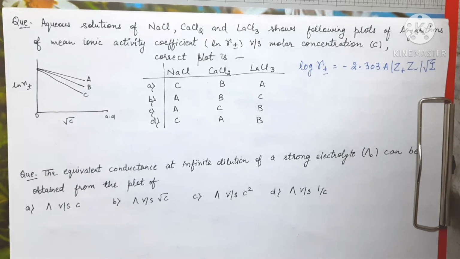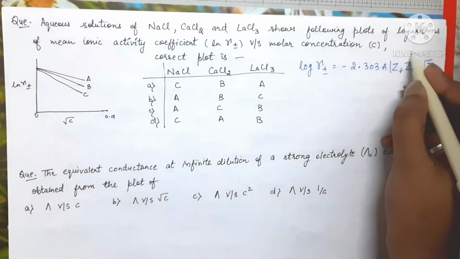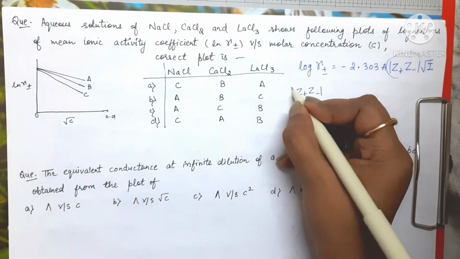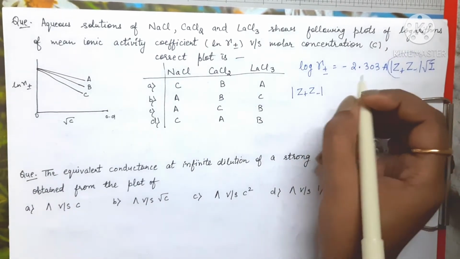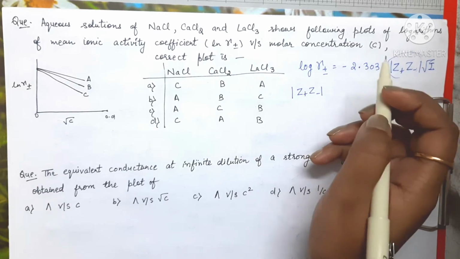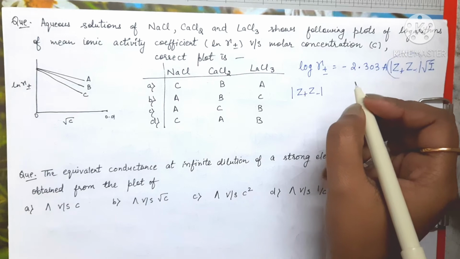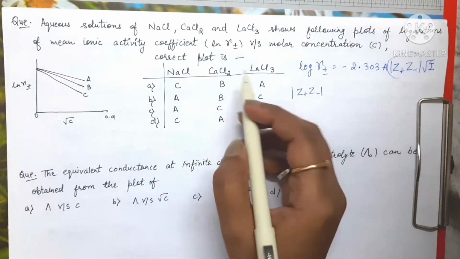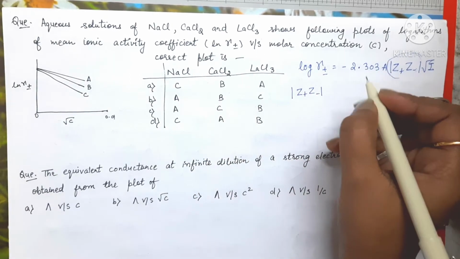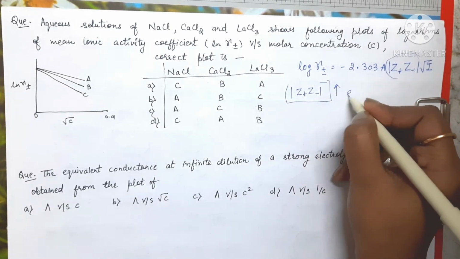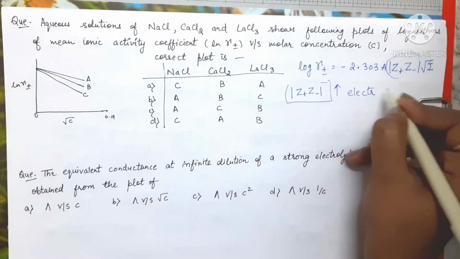Here you are going to observe we have mod of Z positive and Z negative. If we have, suppose, the NaCl structure, what happens as the electrovalency of the given salt increases? This whole value increases on increasing the electrovalency.